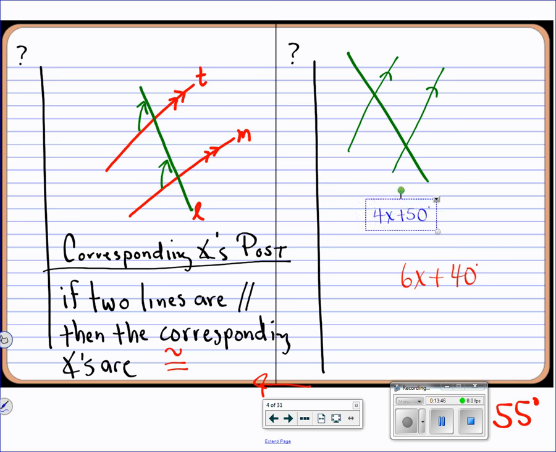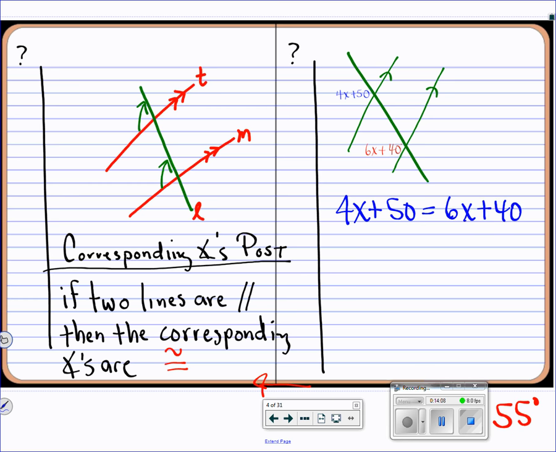If I knew that that was the measure of that angle right there, and then this 6x plus 40 was the angle right there, I would recognize that's a pair of corresponding angles. So now I can write that equation: 4x plus 50 equals 6x plus 40. Now certainly you know how to solve that equation.